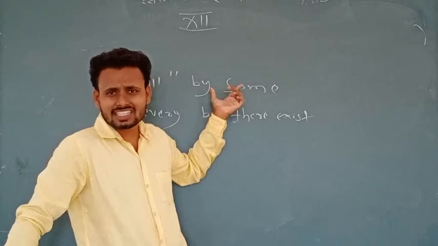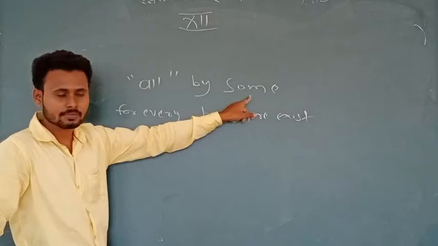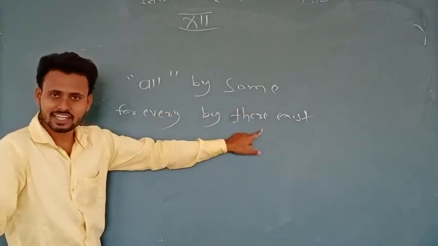While forming negation of a quantified statement, we replace the word all by some, and for every by there exist, and vice versa.